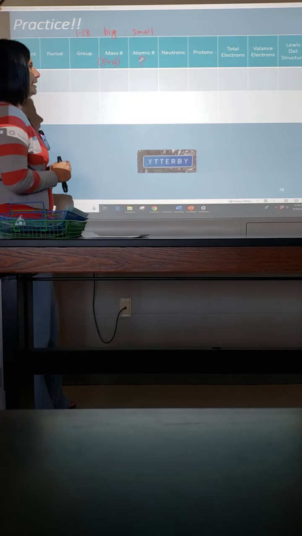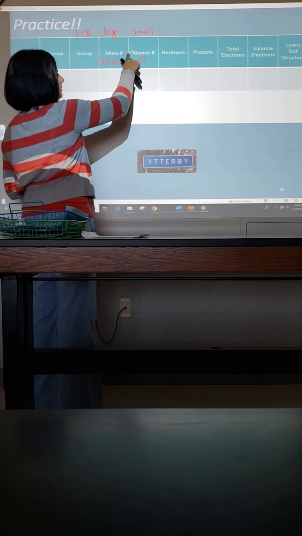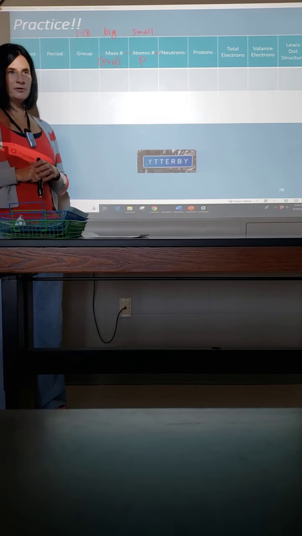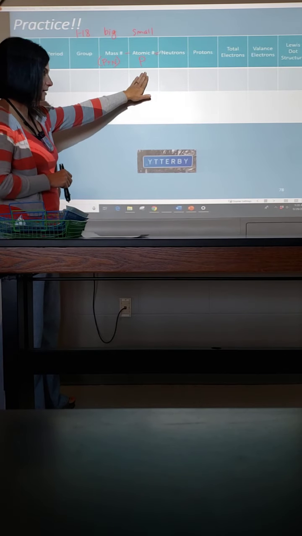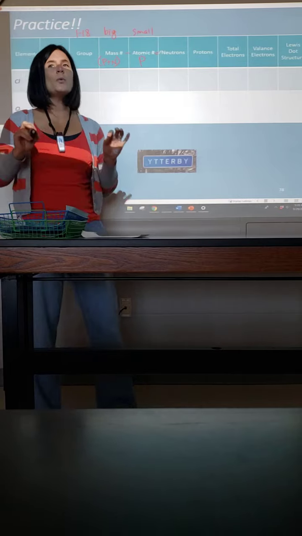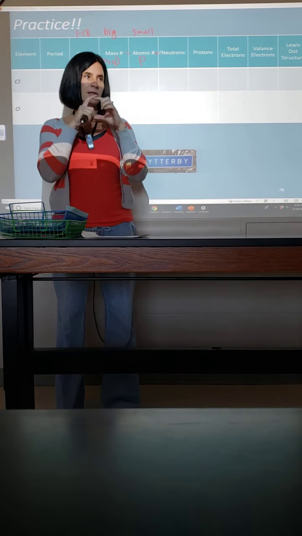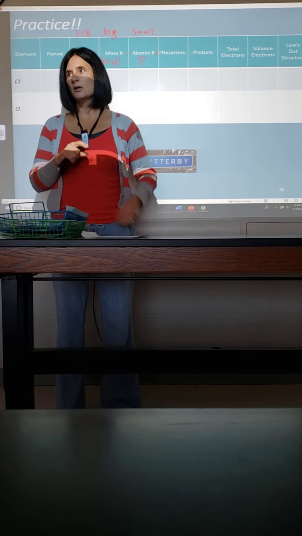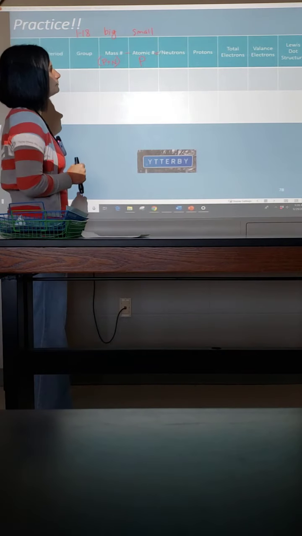So if we subtract the atomic number from the mass number, that's going to equal our number of neutrons. Once you have this number, subtract it from this number, and you get your neutrons. It's the only way to get neutrons. There is not a number on that little square for the element that gives the number of neutrons. You have to subtract them.